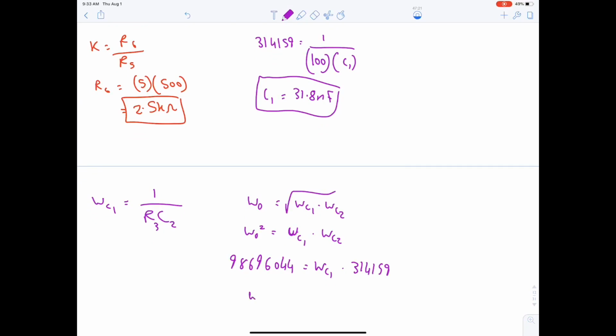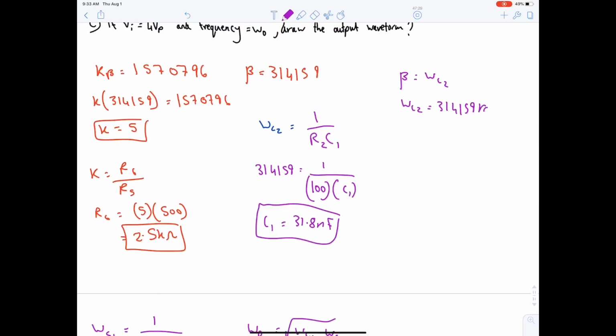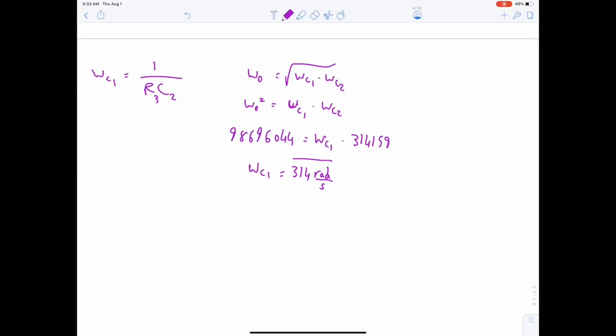So omega C1 is 314 rad per second. Okay, so this is omega C1. So here it's 314, but R3 is unknown and C2 is still unknown, so we cannot solve it.